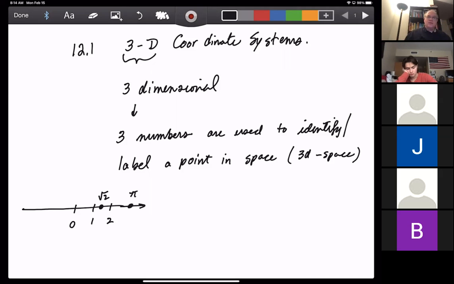So there's a one-to-one correspondence between a set of, in this case, one number and a location, a point on the line. So this is an example of a 1D coordinate system.